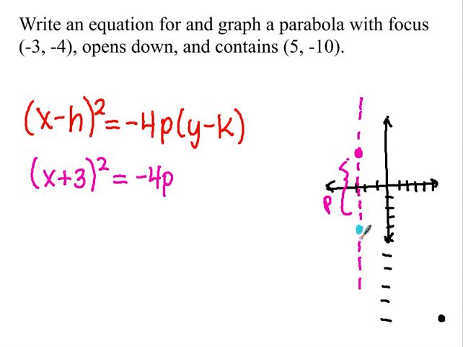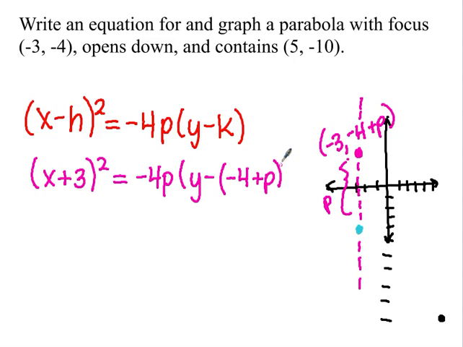I'm going to add p to get my new y-coordinate. So this is located at -3 and then -4 plus p. So really I've got y minus, and then this one will be -4 plus p.